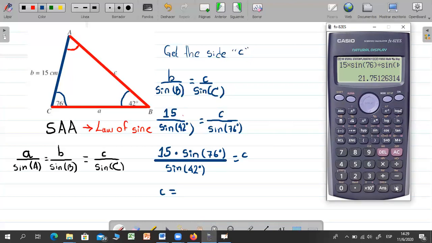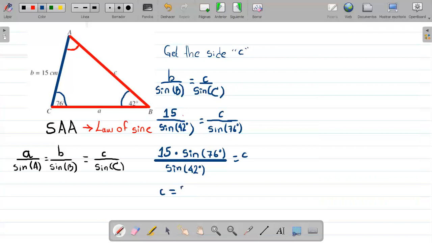That's gonna give us 21.7512, best rounding 21.75. And we're working in centimeters, so here it must be in centimeters.